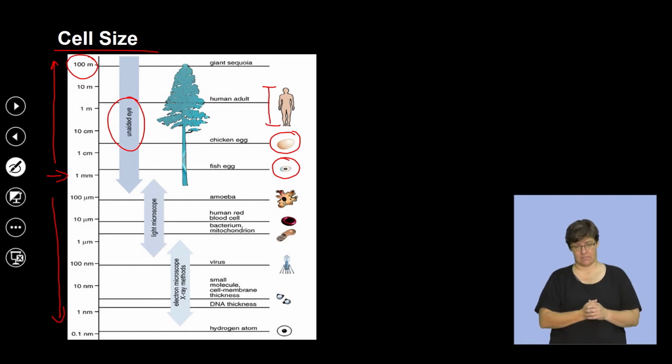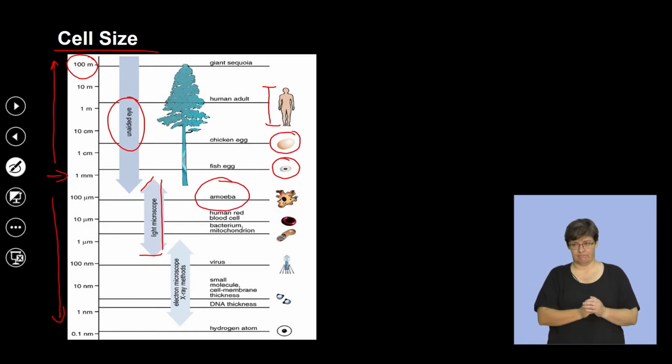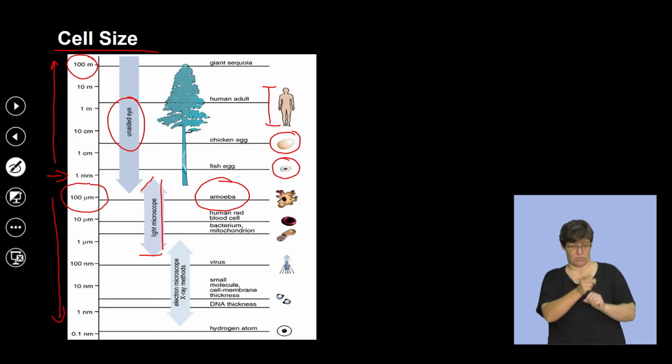However, if we go below organisms or structures that are significantly smaller than a millimeter, we will need some magnifying equipment, in this case a microscope or a light microscope. An amoeba can be seen with a microscope, at around 100 micrometers.